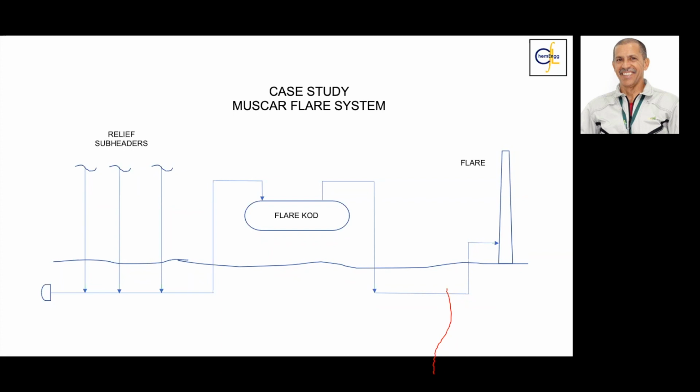They started to install a restriction orifice. They started to check the normal venting operation. So they started to look a little bit at what was going on. But again, they were tackling the consequence. They didn't go into the root cause.